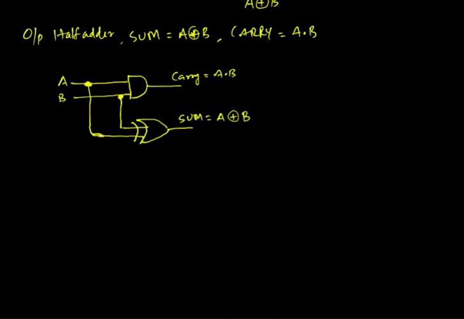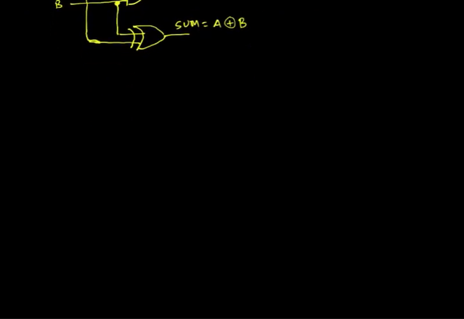This can be realized by using the basic gates, because an exclusive OR gate is not a basic gate. So let's see how we can realize this half adder using the basic gates, that is AND, OR and NOT.